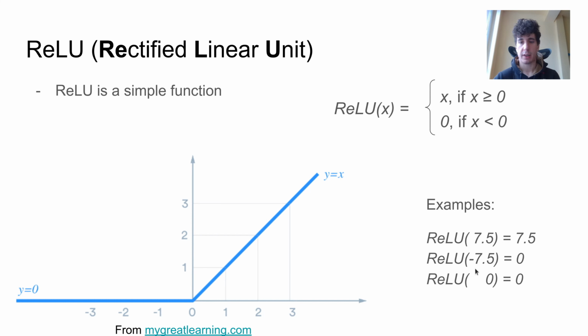ReLU of minus 7.5 is 0, and ReLU of 0 is 0. And this ReLU is useful because it's really easy to compute. It doesn't involve any difficult computations, and it's also not a linear function. It doesn't have multiplications and additions.